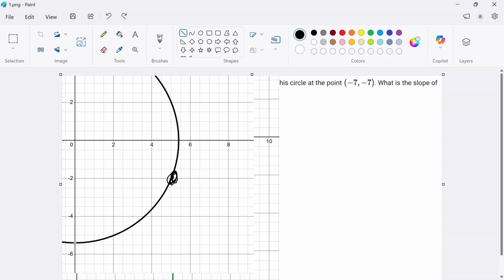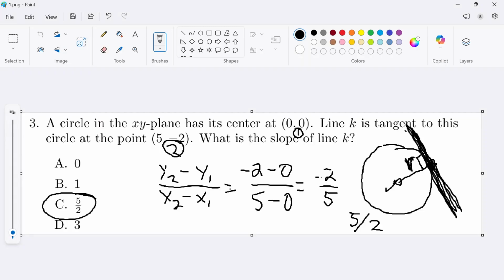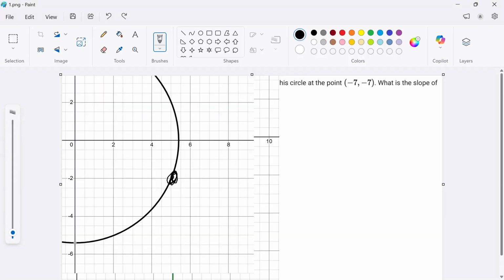Now you'd have to do this on your screen and be a little bit less precise, but let's say 3, that means for every 3 up, 1 over. 1, 2, 3 up, 1 over.